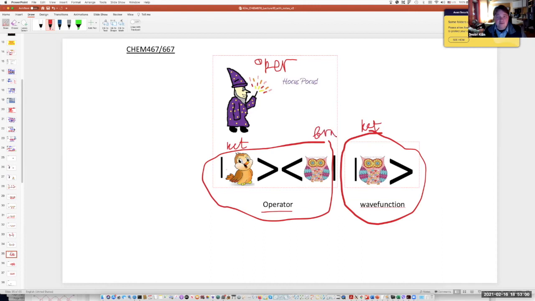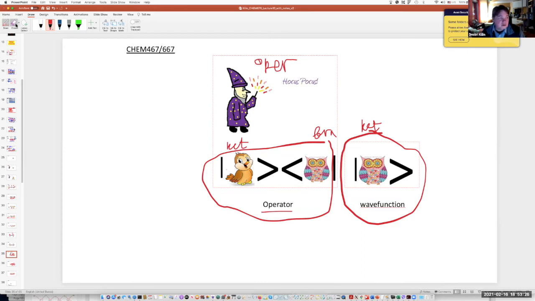Right? Now I invite all of us to look at this object in a different way. First, here we group 2 things that belong to the operator and then 1 thing that belongs to the wave function. Okay? Now I'm going to regroup.